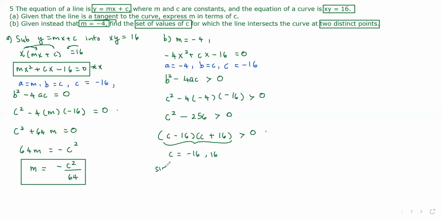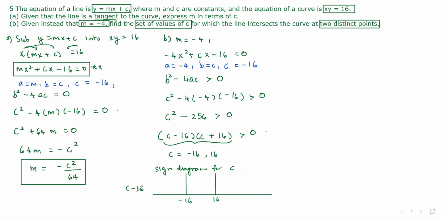You can draw a sign diagram for c. The critical values of c are negative 16 and 16. Now look at the first linear factor, c minus 16.